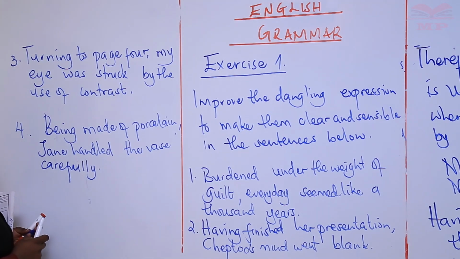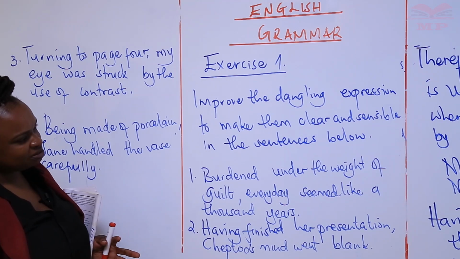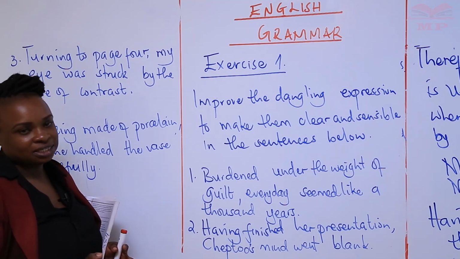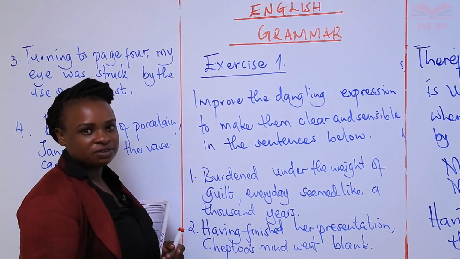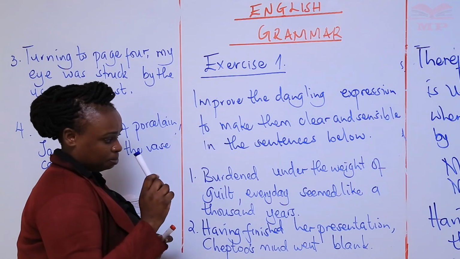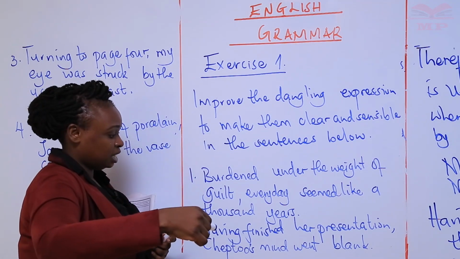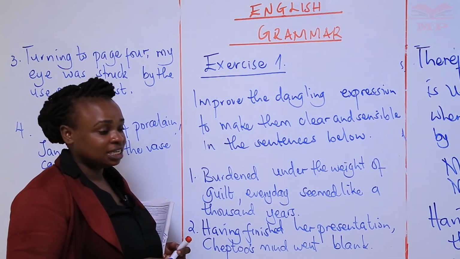Then number 4, being made of porcelain, Jane handled the vase carefully. If you look at those sentences, there is some sense of lack of clarity. So I want you to improve them, okay, with the skill that I've just shown you. Make sure that whatever the two actions are, they must be performed by the person, and it should be clear, all right, so that it doesn't create ambiguity or maybe the idea of dangling expressions.